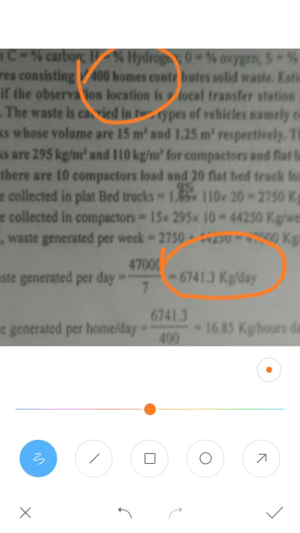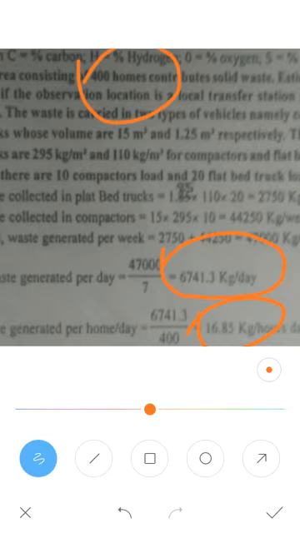Take this mass and divide by 400, the number of houses. Finally you will get the solid waste generated by one house. That is what this step is. 6,741 divided by 400, you will get 16.85 kg per home per day. So that is the waste generated per home per day.